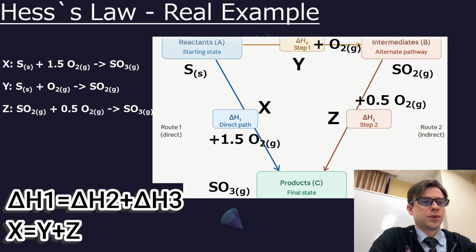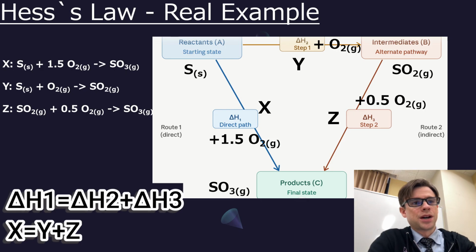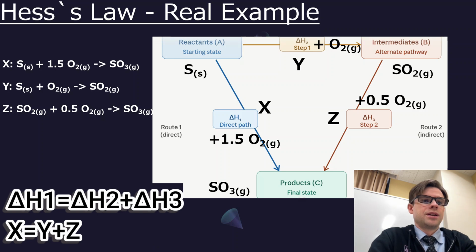Instead, we'll add 1 mole of O2 to make sulfur dioxide first. That's an intermediate pathway to make intermediate B, SO2. But the reaction is then maybe not done, not stable yet. So we add another 0.5 mole of O2. That's process Z here, or delta H3. And once that's done, you end up with SO3 again.